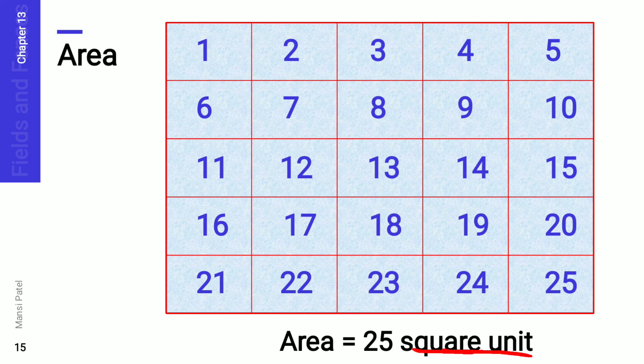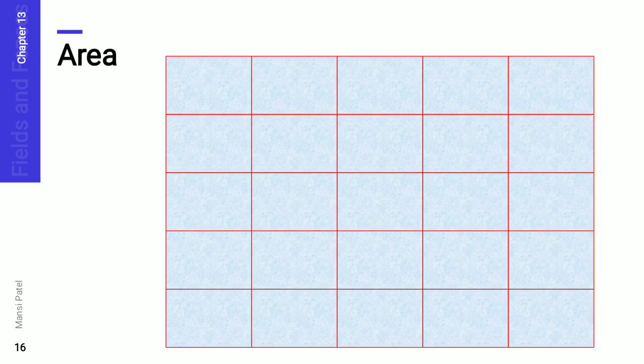Let us see another example. In our previous slide, we found the area of this whole table. But if I draw only one shape in this, covering this much area of the land, then what is the area of this figure?